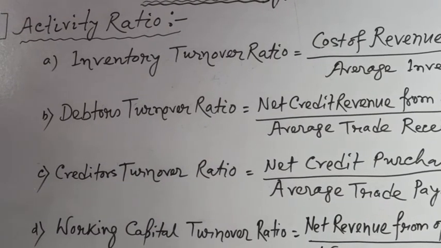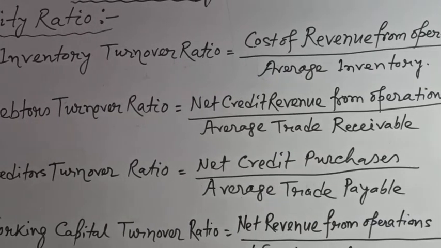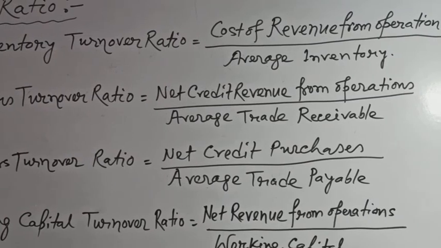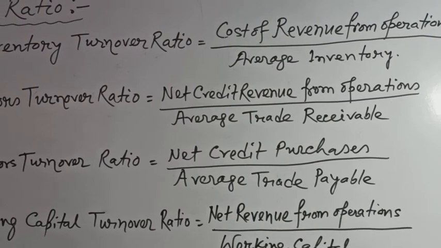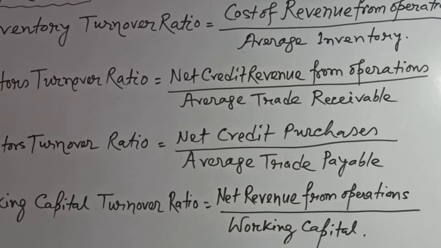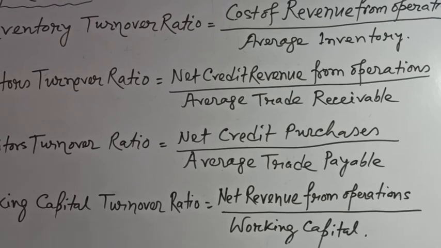Higher working capital turnover ratio shows efficient use of working capital, and low working capital turnover ratio indicates underutilization of working capital. Okay, this is the theory portion of activity ratio or turnover ratio.